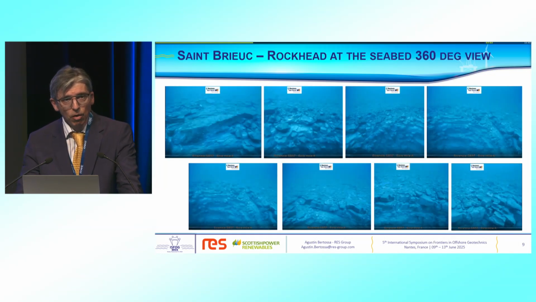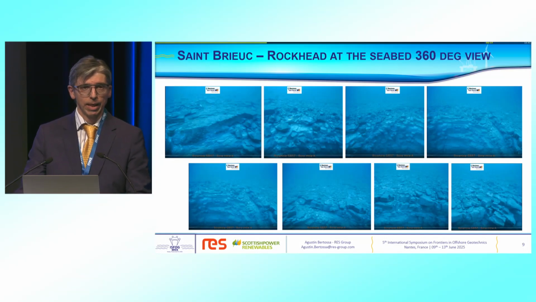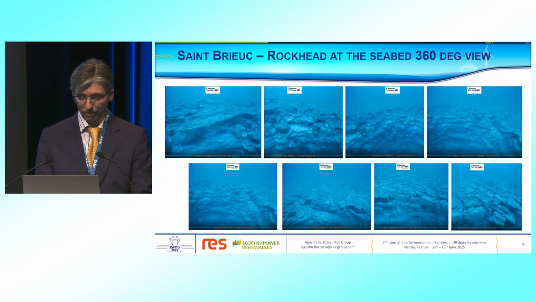To give you an idea of the seabed conditions at the site, these are some photos taken in an inspection of one of the sockets, going down the hole in an ROV and doing inspections. And you can see that the rock mass is highly fractured, highly jointed. There is varying degrees of discontinuities due to the bedding and the nature of the jointed rock.